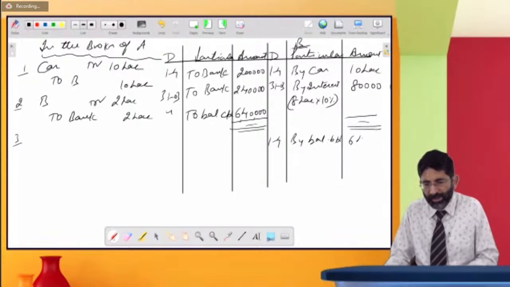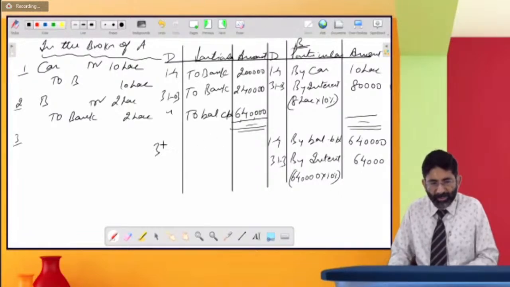It will be 6 lakh 40,000, beta, and interest will be calculated at the end of the year, 31st of March, by interest, 6 lakh 40,000 beta into 10%. It is 64,000, beta. At the end of the year, we have to make payment of installment to bank. Again, 2 lakh 40,000 is the installment.